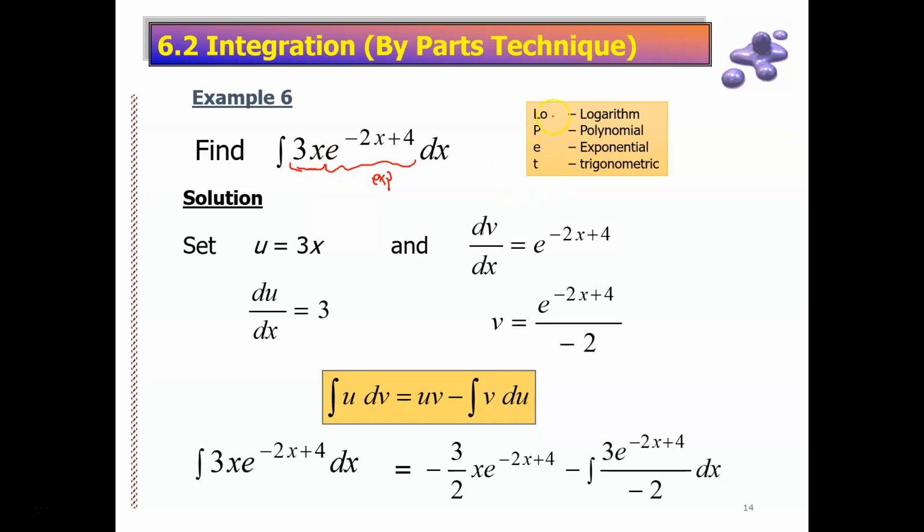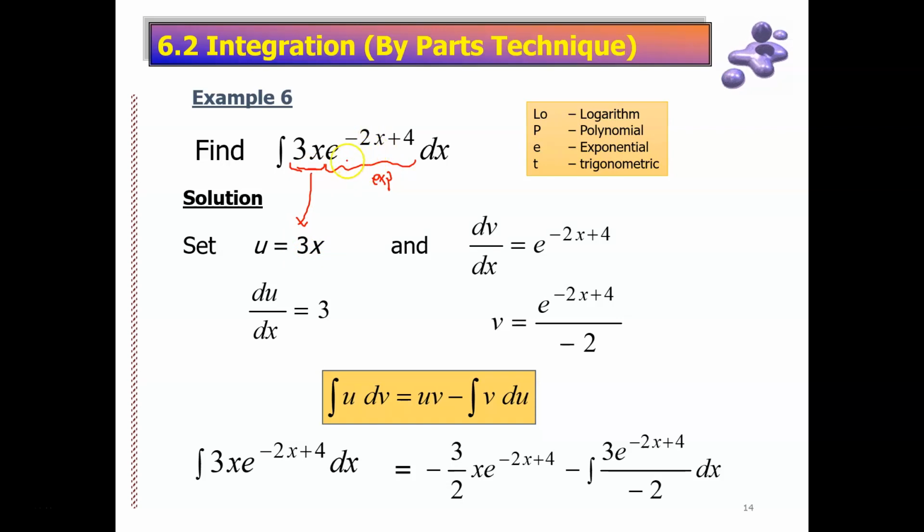We look at this order. It says if there is a log, you choose the log as your u. But if there is no log, we go down and choose the polynomial as your u. Since here we have a polynomial, our u is 3x. It becomes your u.